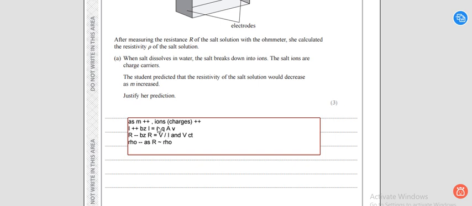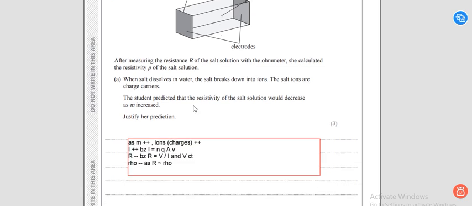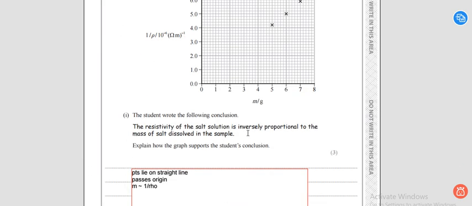So as n, the number of charges, increases, the current increases, and resistance will decrease because from Ohm's law it is V over I, and V is constant, which is the potential applied by the electrodes. So rho will decrease too because R is directly proportional to rho, which is the resistivity.